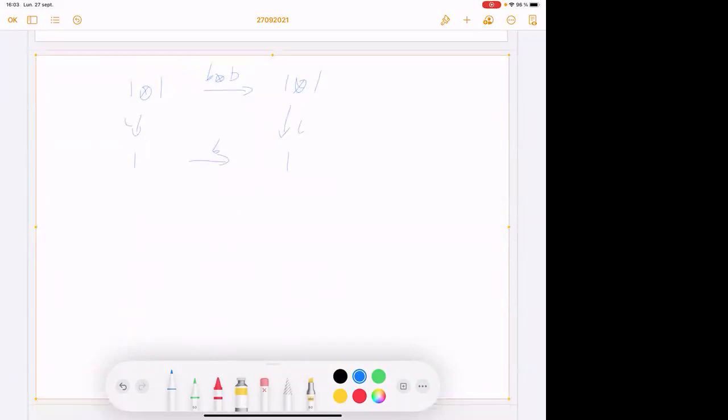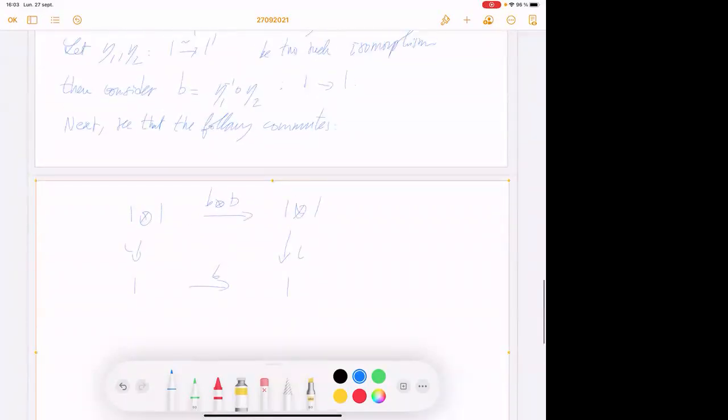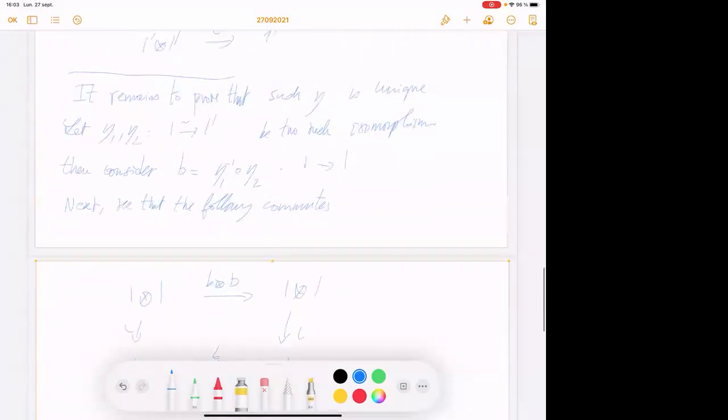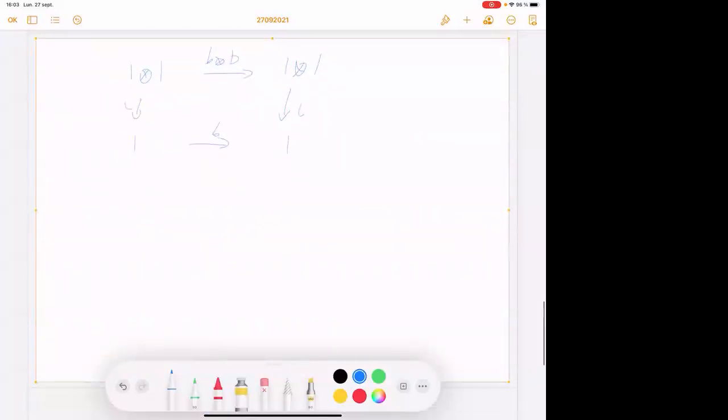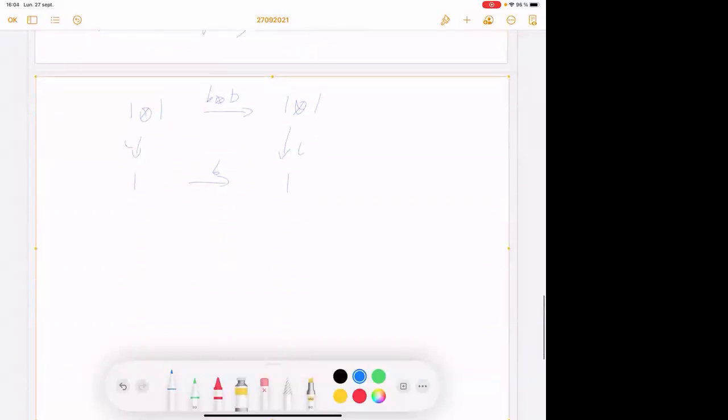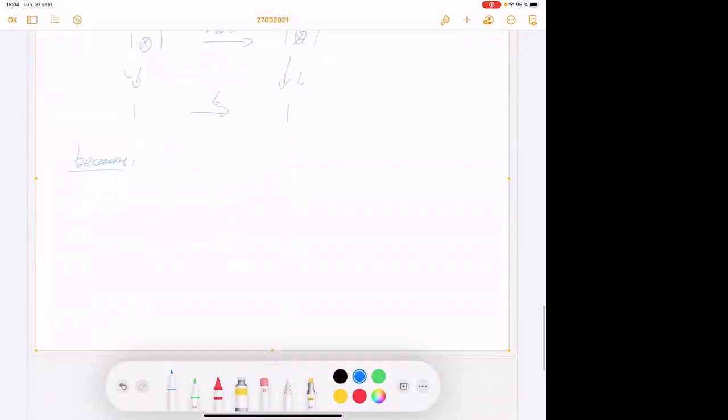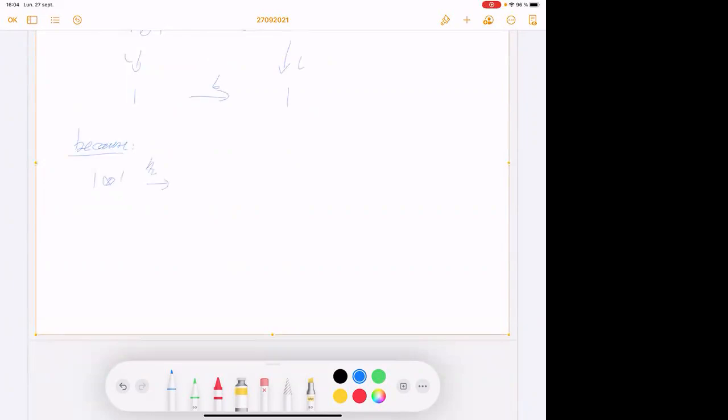So why this is commutative? We just apply the fact that it is commutative with eta 1 and eta 2. So the following commute because you have 1 tensor 1. Then you apply eta 2, 1 prime tensor 1 prime.